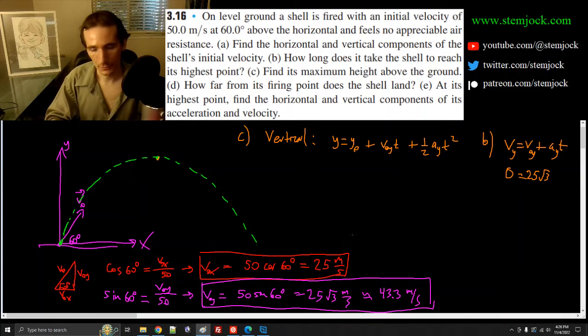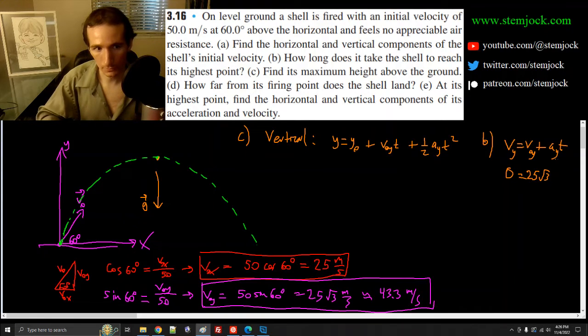ay is the acceleration in the y direction. The only force acting on the shell is that due to gravity, so the acceleration is straight down. The acceleration is going to be negative g because I define my positive y to be up. Gravity points down, so that's why there's the negative sign.